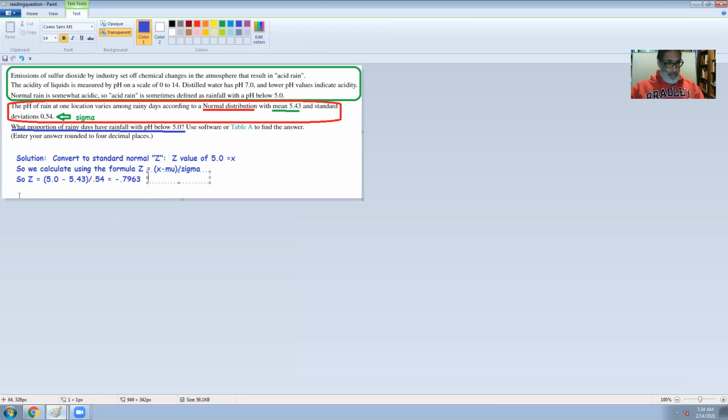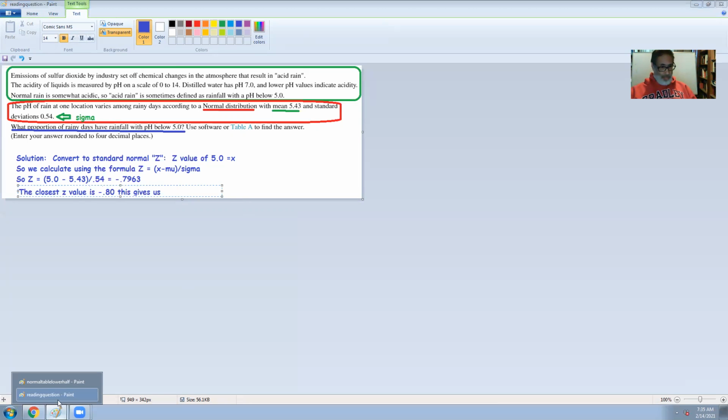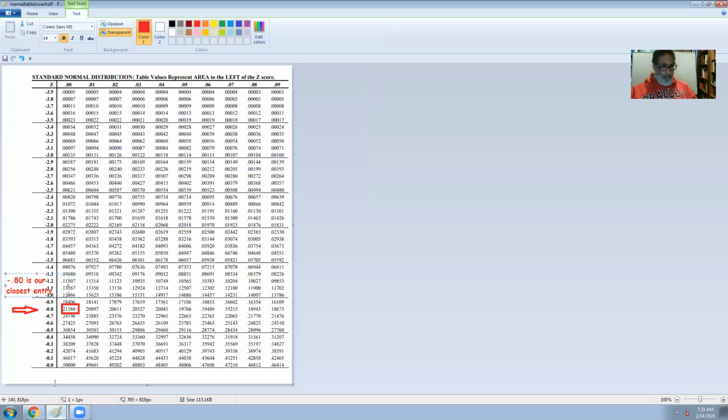So returning to our problem, the closest z value, give you a little time to catch up, is minus 0.80, and this gives us down here 0.21186.